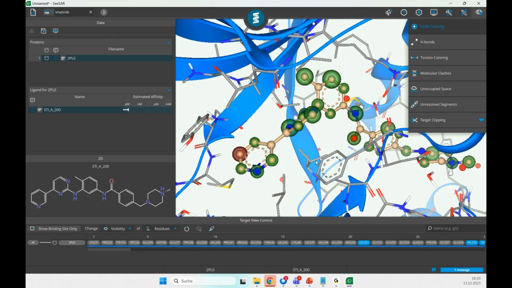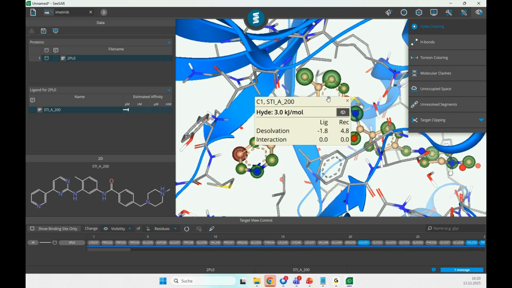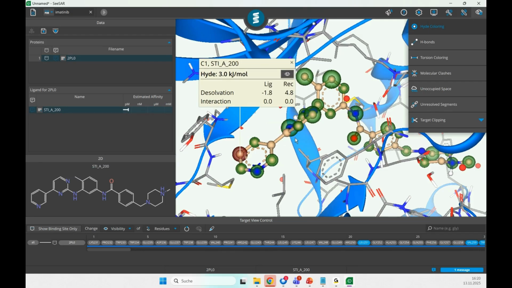How it works, let's label maybe this particular carbon here. We calculate the affinity gain and the affinity penalty that you have to pay for each atom of the ligand. This also takes into account that we have to strip off the binding site itself, and it's based on the desolvation.